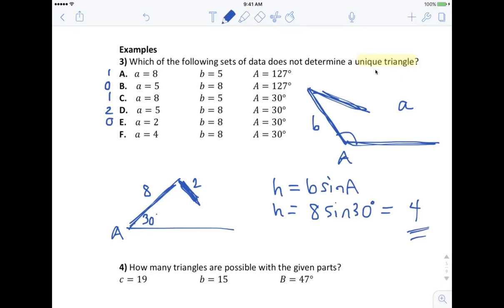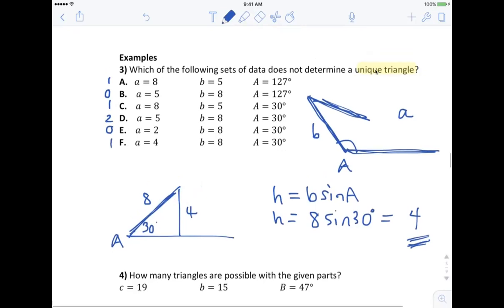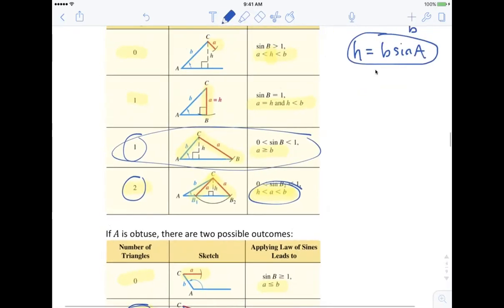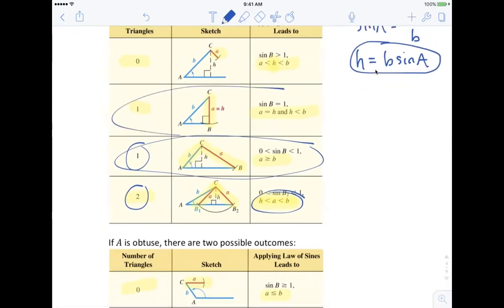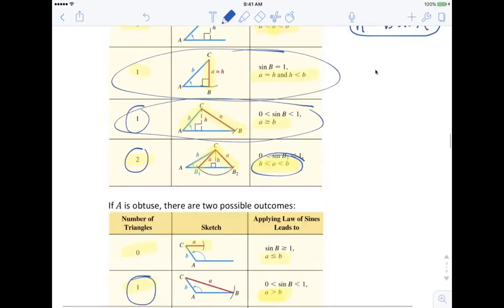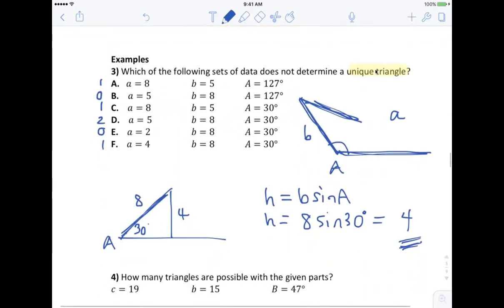Finally, that last one, A is 4. A is the height. So that one, you'd have this scenario. You have exactly 1 triangle. That's the case here. Okay, so take some practice getting used to that.